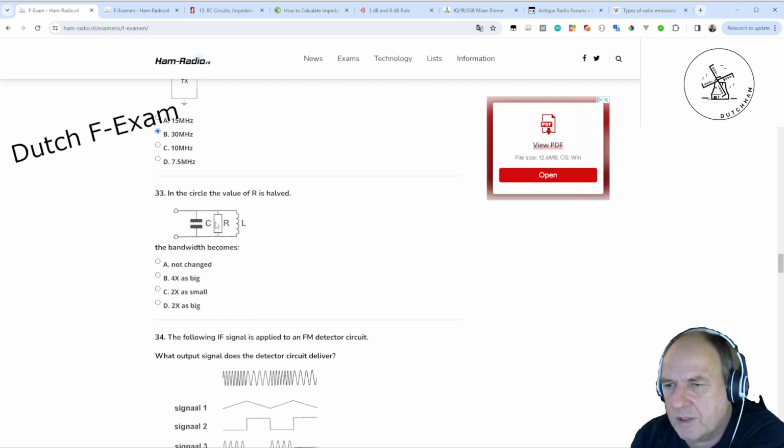The resistance is messing up with the Q. So R is halved, so I think it will become twice as big.